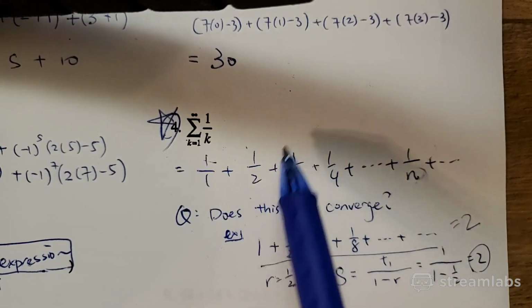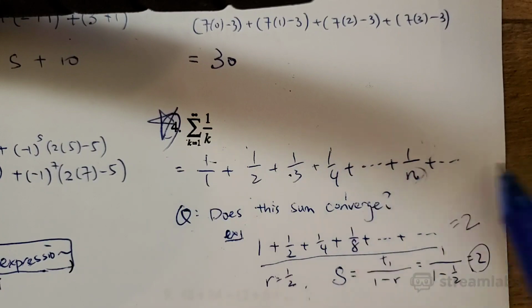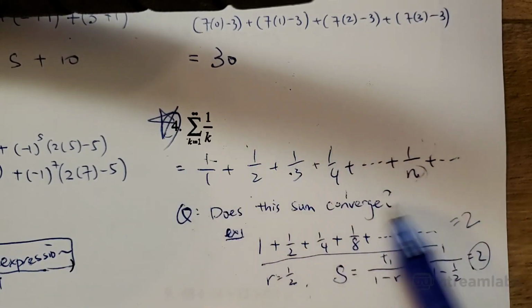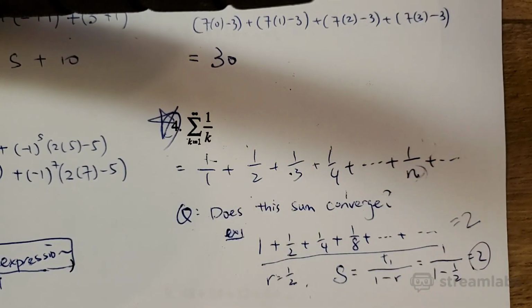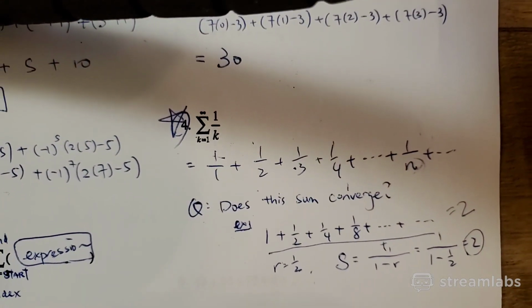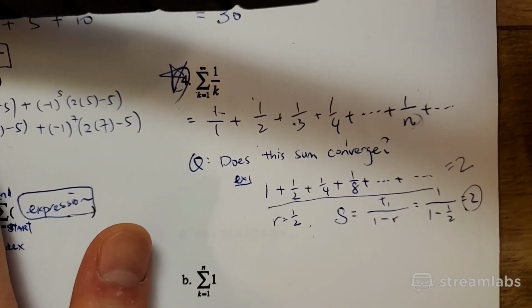over 1, 1 over 2, 1 over 3, 1 over 4, 1 over 5, adding these up, does this converge? Okay, do you think this converges at all? And then why or why not? Okay, give me something.